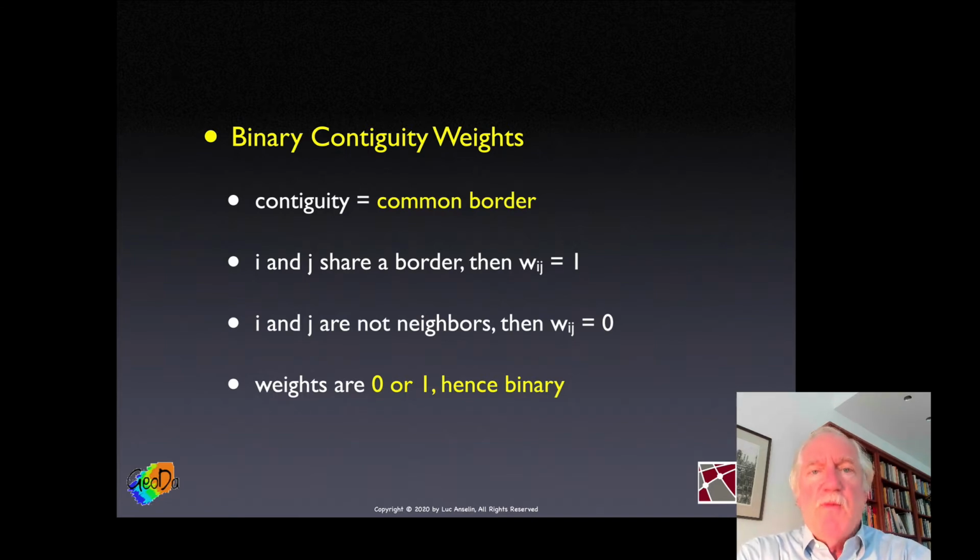One is based on common borders, which we call contiguity. The other way is based on distance, a distance measure. So we'll look at contiguity first. The easiest contiguity weights are so-called binary contiguity weights, because the weights are either 1 when there is a shared border or 0 when there is no shared border. So it's very simple. You have a neighbor relationship, 1, you don't, 0.